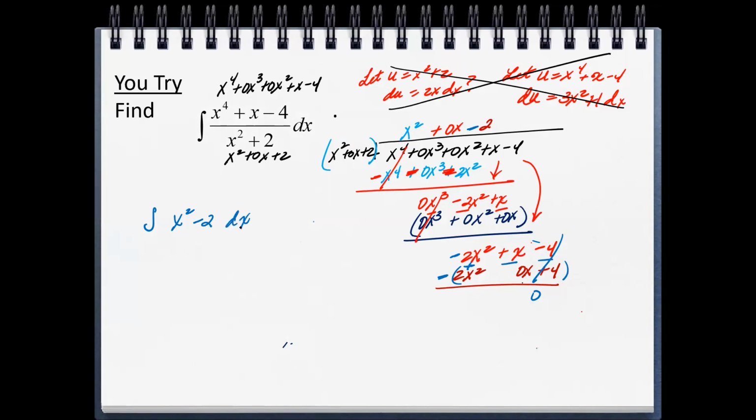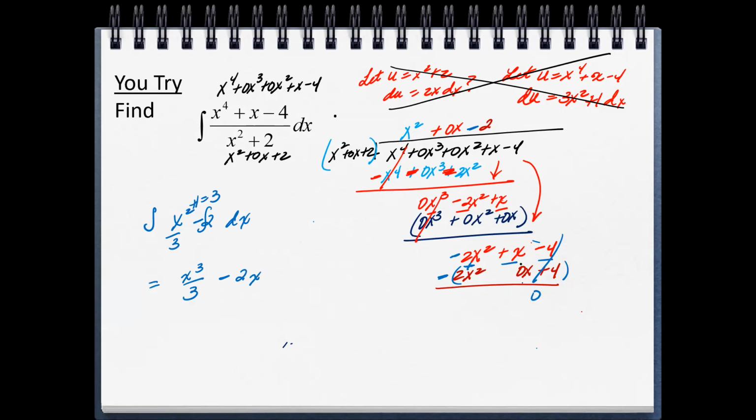Well, that looks a whole heck of a lot better because now I can go ahead and integrate this separately. Okay, so if I integrate the first part, add the 1 equals a 3 divided by the 3. So I have x to the third over 3 minus, what's the integral of 2? It is going to give me a 2x. And remember, in order to write this, you will have, oh, you know what?